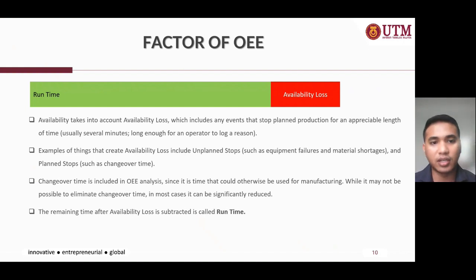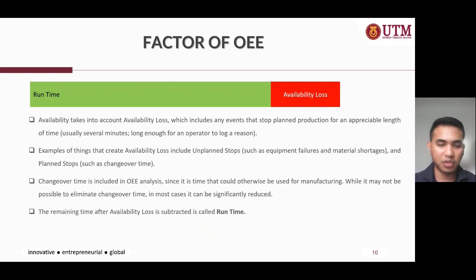Examples of things that create availability losses include unplanned stops, such as equipment failures and material shortage, and planned stops, such as changeover time. This availability loss is very close to the machineries. Then we go to the third point, which is that changeover time is included in the OEE analysis, since it is time that could otherwise be used for manufacturing.